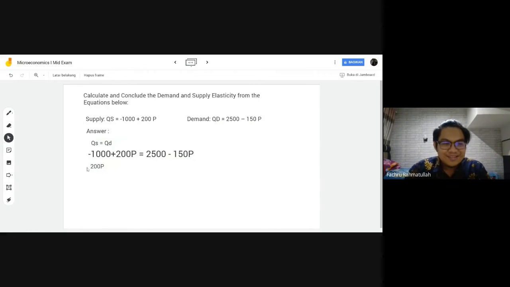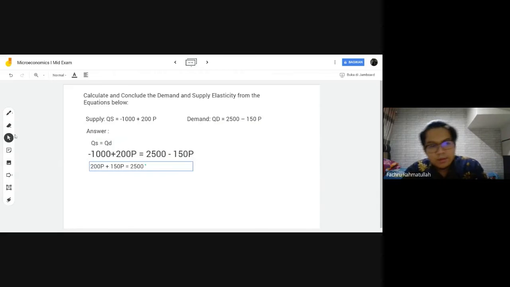So plus 100 equals to 100. It also, this is minus, and then we move it to the right section from the left, it will be changed to the plus. So let's continue the equation until it finishes.